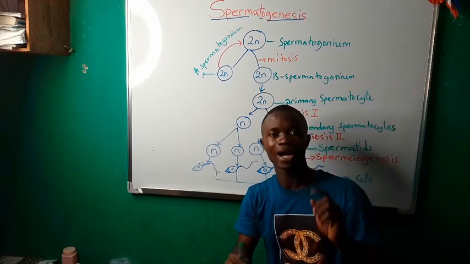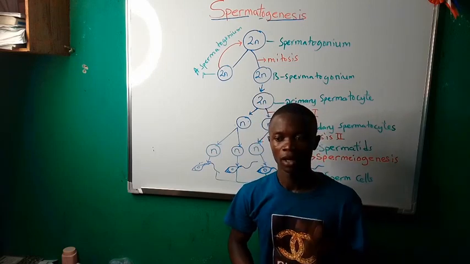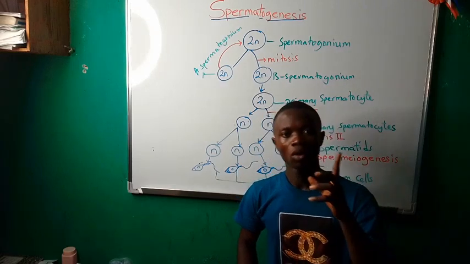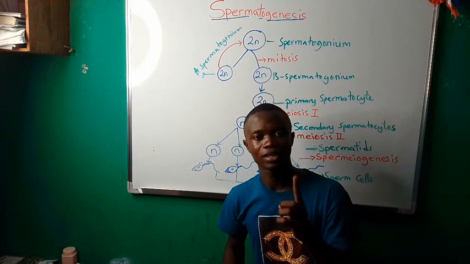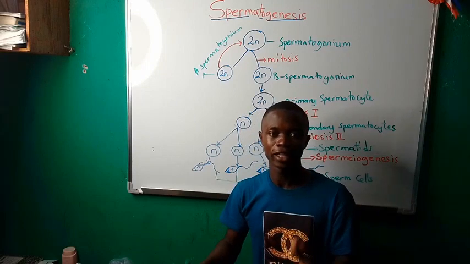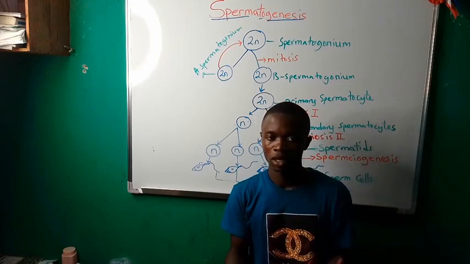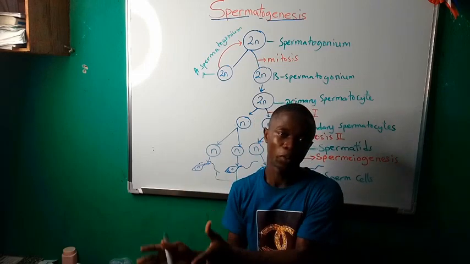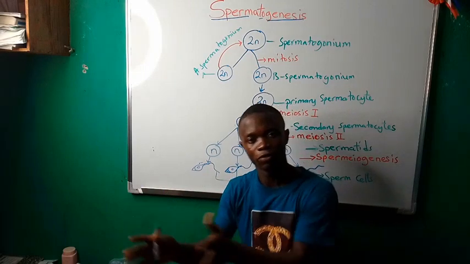How you, as a boy, are producing sperm right now. Now, when does spermatogenesis start? Spermatogenesis starts in boys when they hit puberty. Puberty is just a maturity stage. Mostly there is a range for puberty in boys, from 11 to 15.